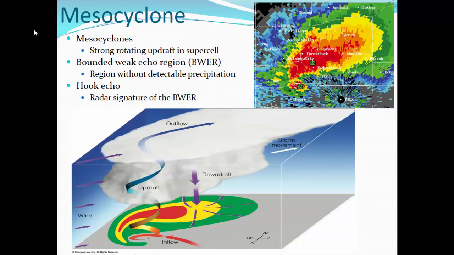And so in the mesocyclone, you have this area of weak echoes, and it's bounded by rain being wrapped all the way around it. So they're called bounded weak echo regions, and they are very significant radar images that we look for. And that hook is known as the hook echo, and that's one thing that radar operators look for when they are looking at thunderstorms to see whether they'll possibly be tornadoing, because it takes that mesocyclone to get a full-blown tornado.